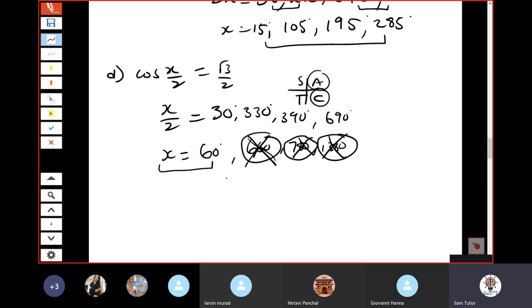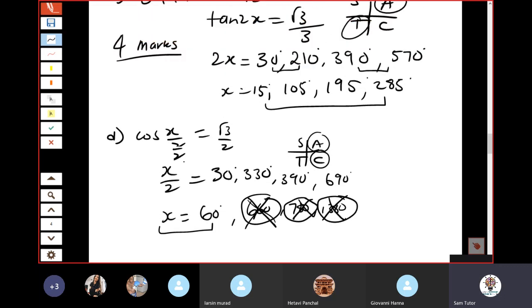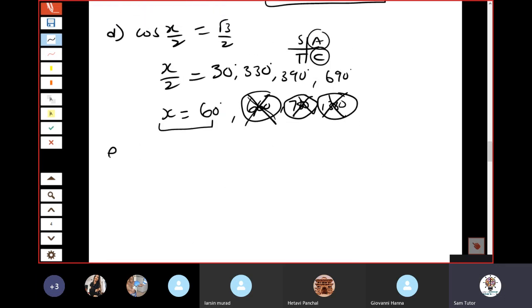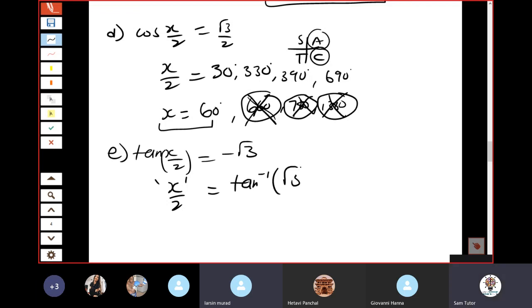Okay. Let's go with another one. E is tan x on 2 equals negative root 3. All right, Larson, let's do this one. x over 2 equals inverse tan of root 3. Good man. Okay, and then what's inverse tan of root 3?